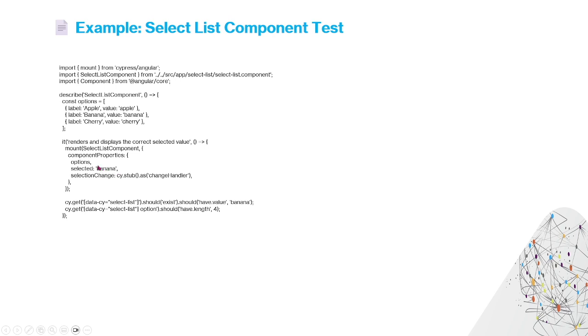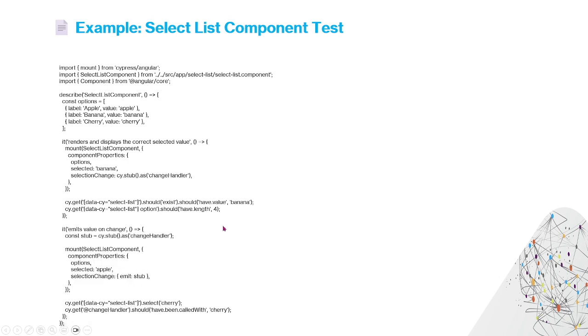The first test mounts the select component, checks that it exists and has the value banana, and also checks the list has 4 values. The second test changes the select from the default apple to cherry, and checks that the value is cherry.